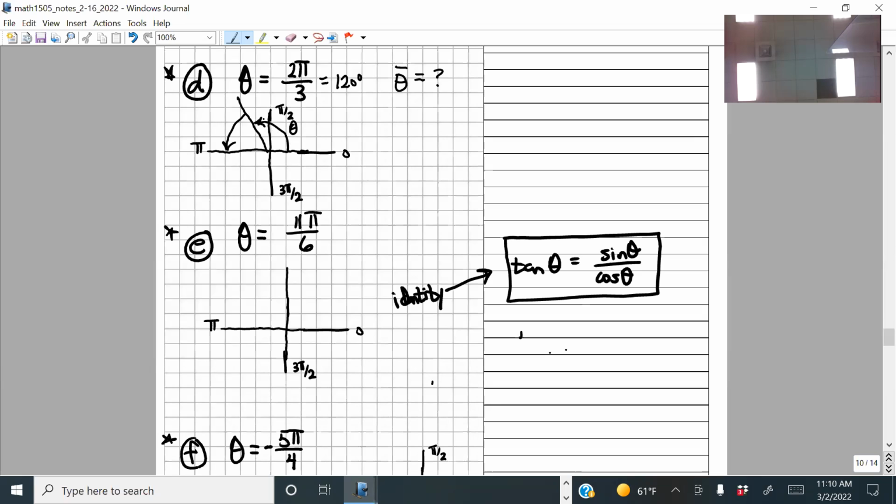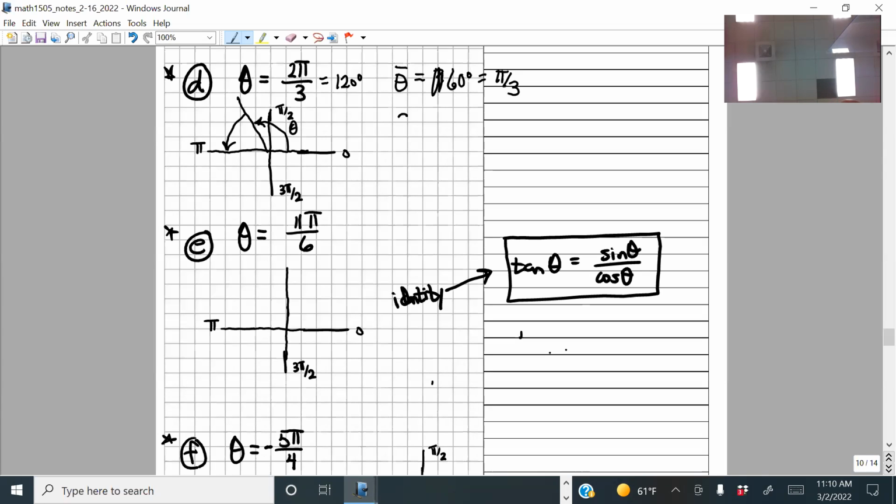If this angle is 120, then this piece left here down to the x-axis would be 60, because half a revolution is 180. So if this is 120, then this piece must be 60. So it's 60 degrees, or you can write it in radians as pi over 3.